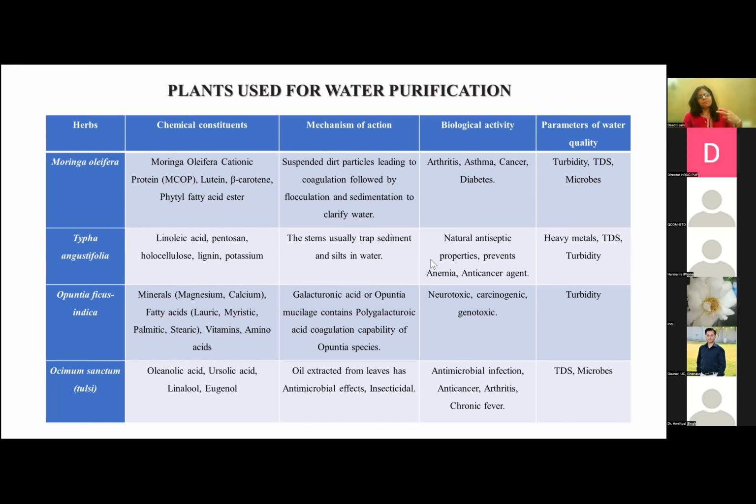To control water quality, basically we are concerned with two parameters only. One is microbial count and second is TDS, that is heavy metal content is one and the dissolved solids is another. So both these parameters can be well taken care of by herbs.